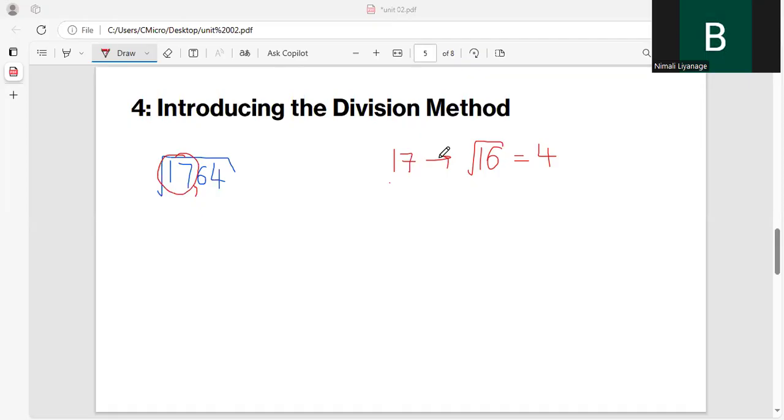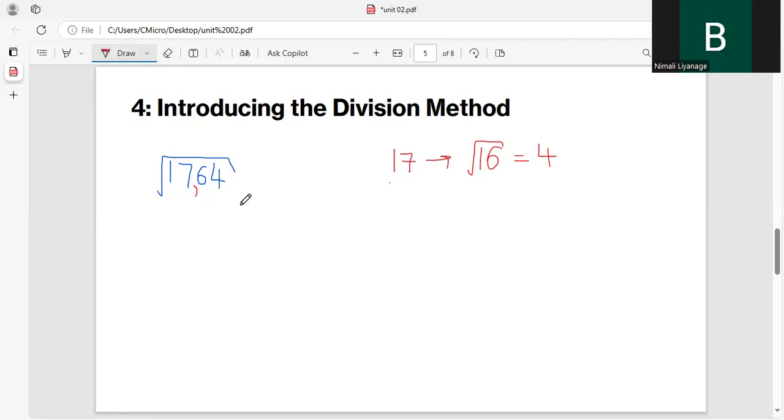Okay. Step 3, subtract the 16 from 17 and bring down the next pair. Simply like this. This is our action.